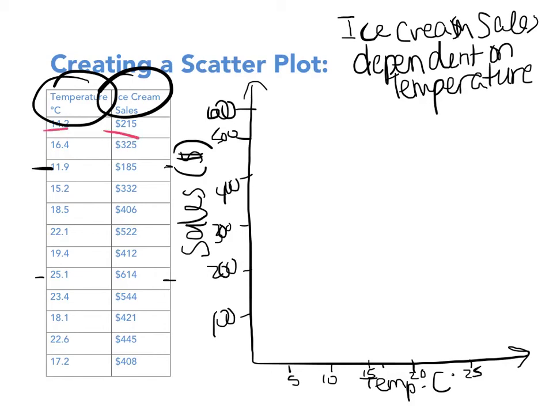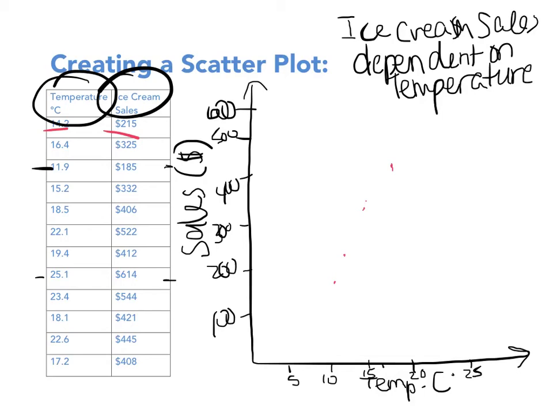So my first one is 14.2 and 215, so 14.2 and about 215. 16.4 and about 325. 11.9 and 185. 15.2 and 332. 18.5 and 406.